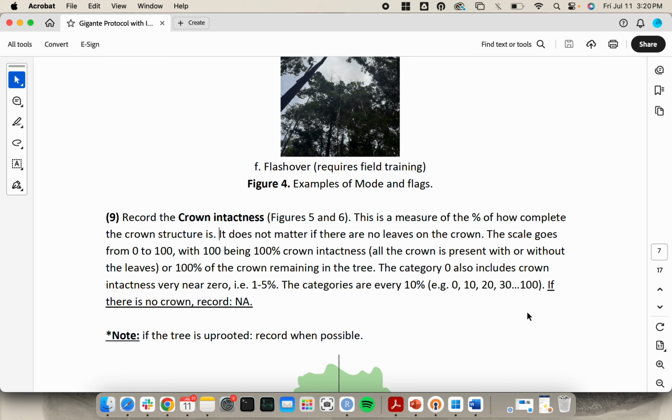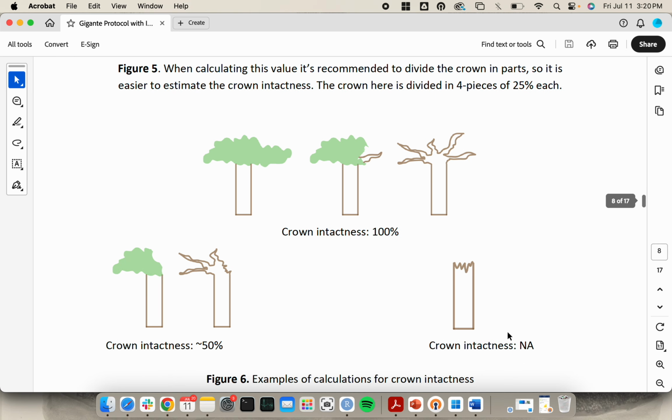And then you calculate the percentage of how good the crown is. So as I said, it doesn't matter if the tree has leaves. So for example, here the crown intactness is 100%, and you have 100 here, 100 here, and 100 here, because what we care about is the whole crown. So this is still a complete crown, even though it doesn't have leaves.